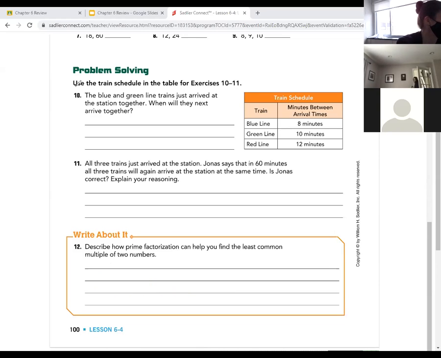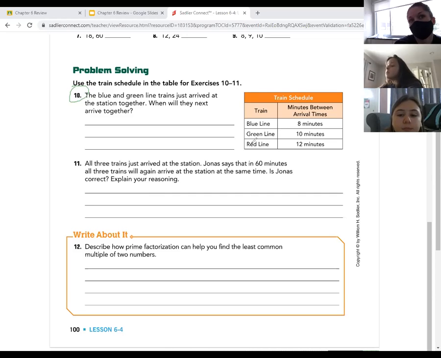Number 10 in particular, I think maybe there was a breakdown in people just not looking at the instructions a little bit closely. It says use the train schedule over here, but they only want you to focus on the blue and the green train lines.